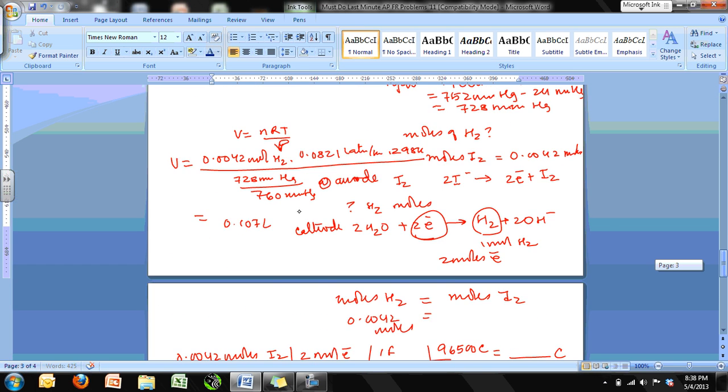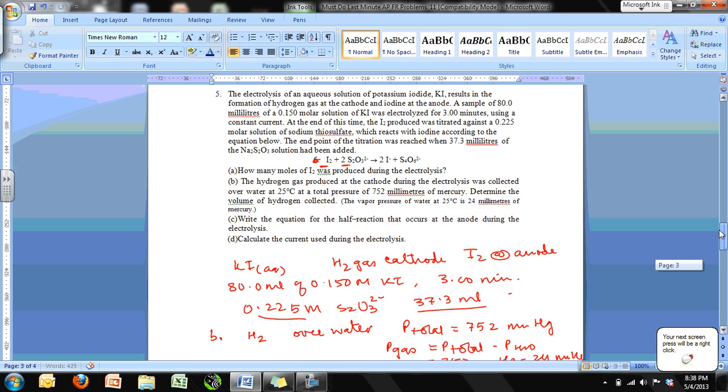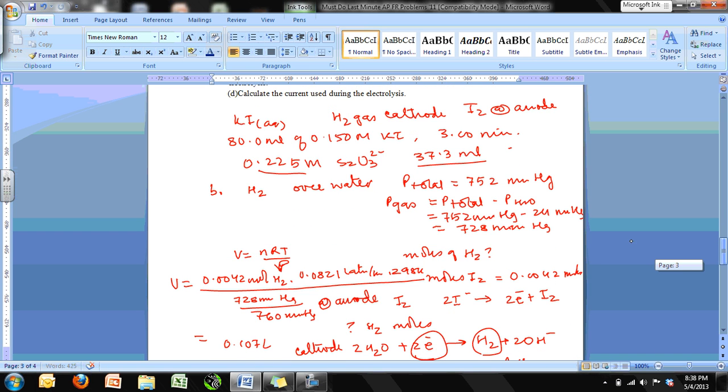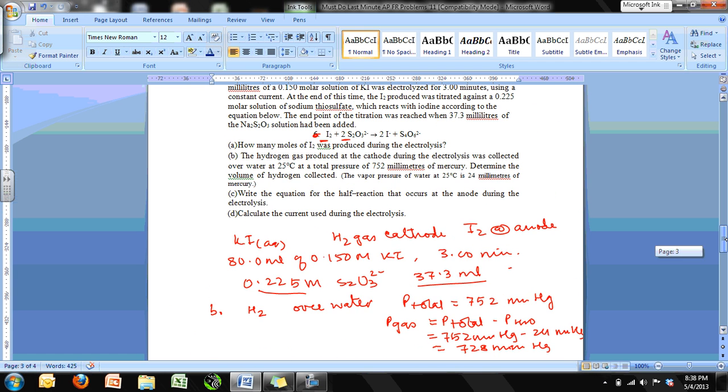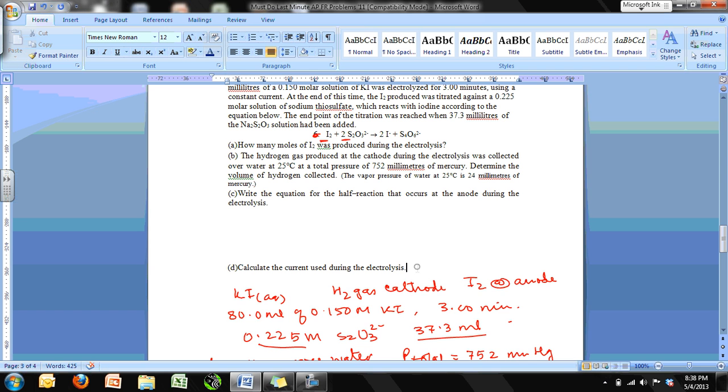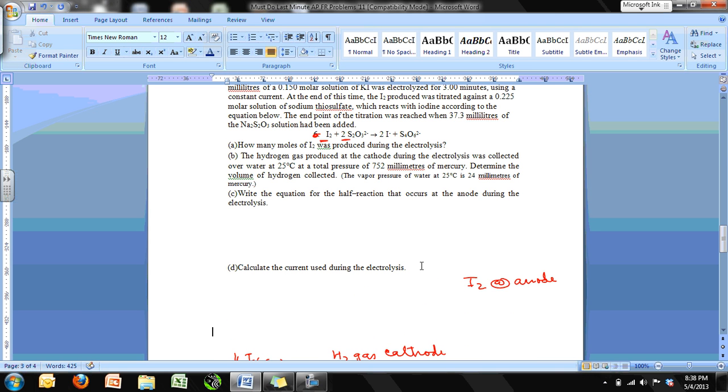Then for part C, let's go a little bit up here. It says write the half equation that occurs at the anode. And you know, anode oxidation, red cat.